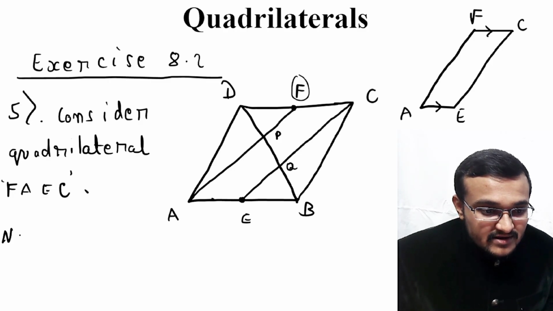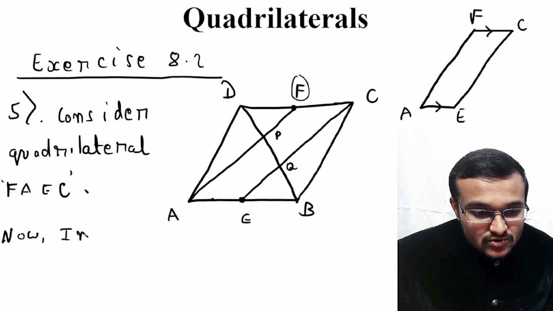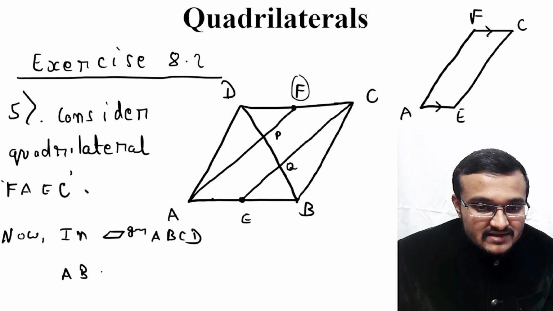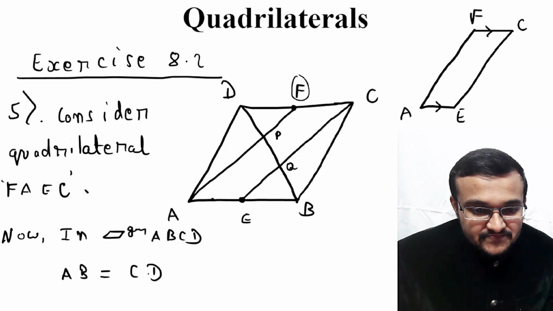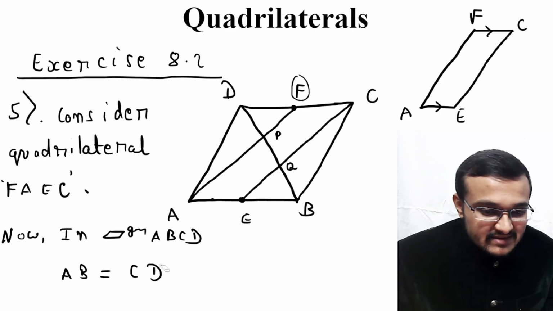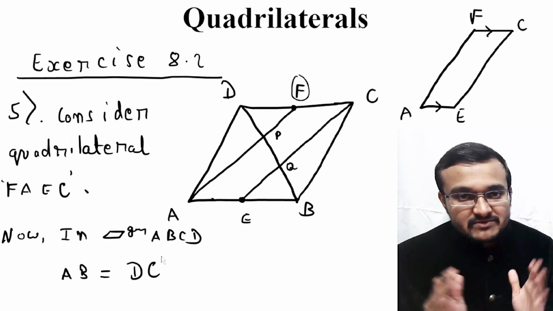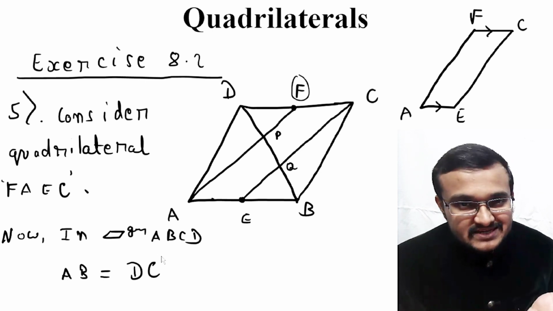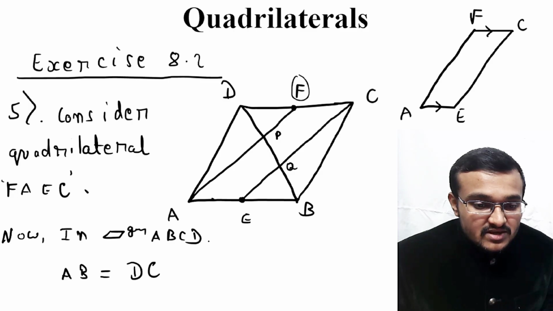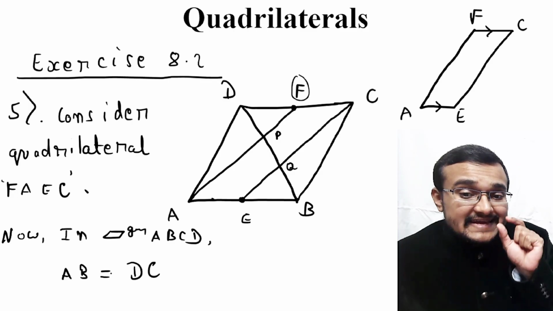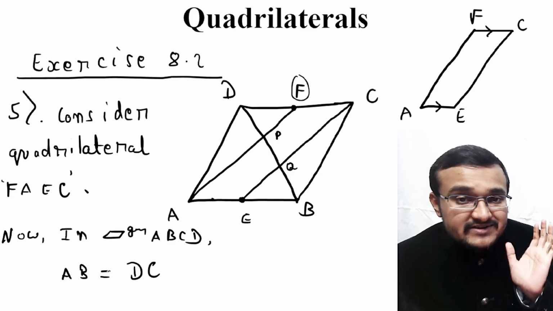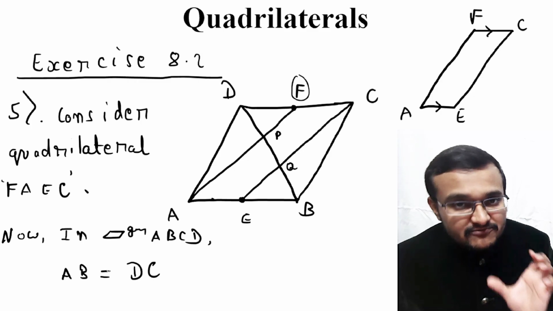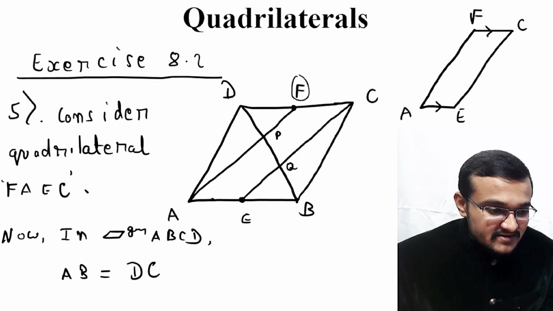So now, in parallelogram ABCD, AB is equal to CD, or you can write this as AB is equal to DC, because opposite sides are equal in a parallelogram. We'll call this equation 1. Now F is the midpoint of DC and E is the midpoint of AB.